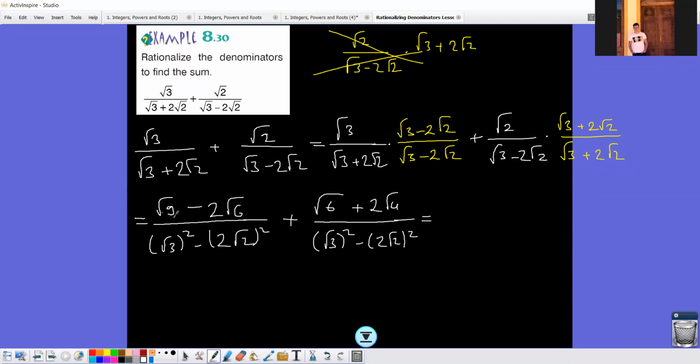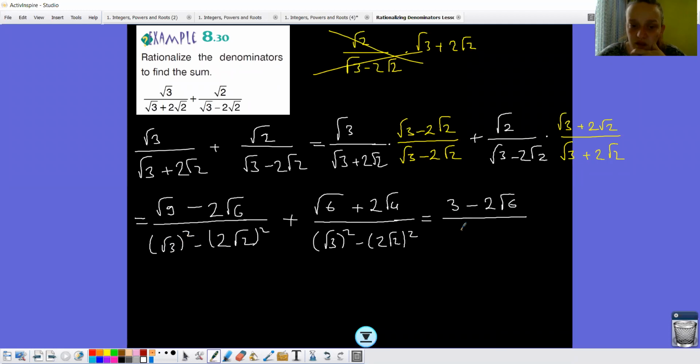Okay. Now root of 9, which is 3, minus 2 root 6, over what will be the denominator? Root of 3 squared will be 3 minus 4 times 2. Plus, here I have root of 6 plus 2 times 2, yes? Root 4 is 2. And the denominator will be 3 minus 4 times 2.